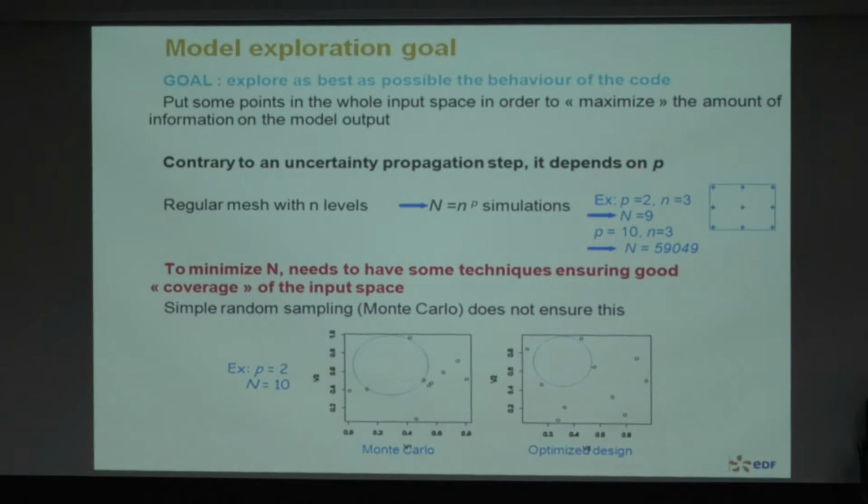Here you see I just put 10 points in an input space of dimension 2, and I see, okay, I have points everywhere, but here I have no points in this big zone, and I have points very close to each other. And what I want to explain is that it's not a good idea to have this kind of thing, because if you have 2 points at the same location, you have only one piece of information, so you have lost 1 point, in fact. So having this kind of configuration is not interesting.